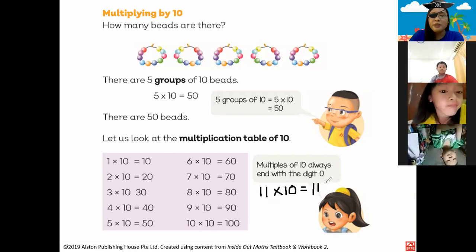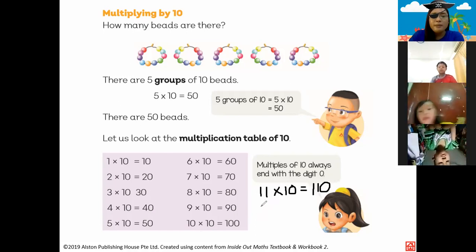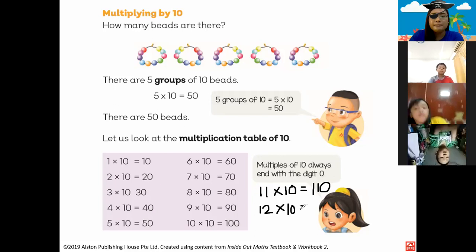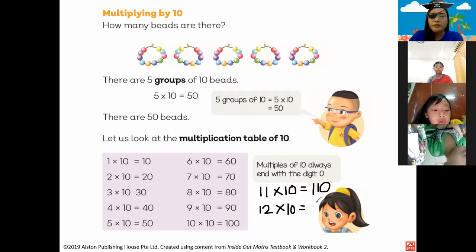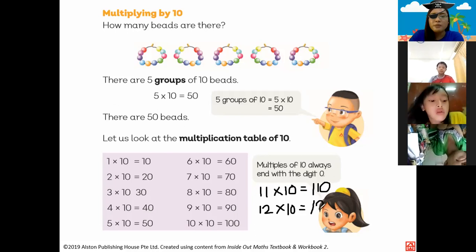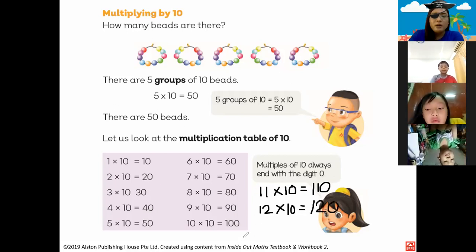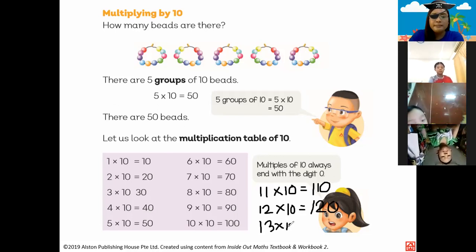Very good. So that's 110. What about 12 times 10? 120. Very good. So that's 120. What is 13 times 10?